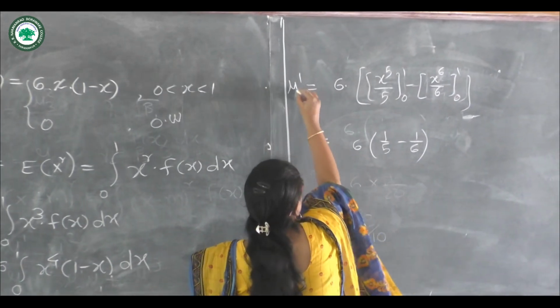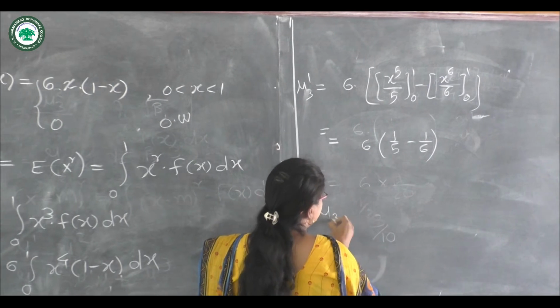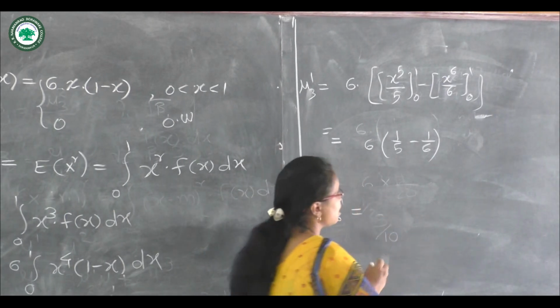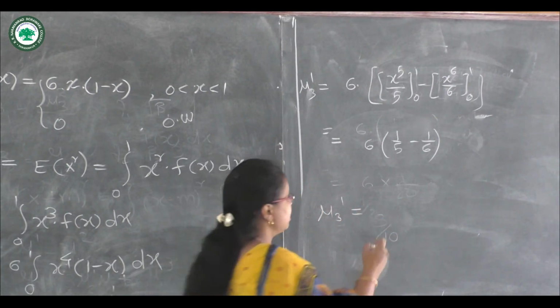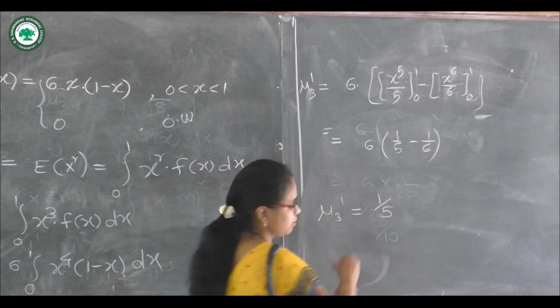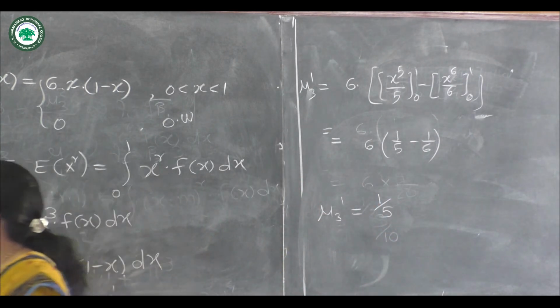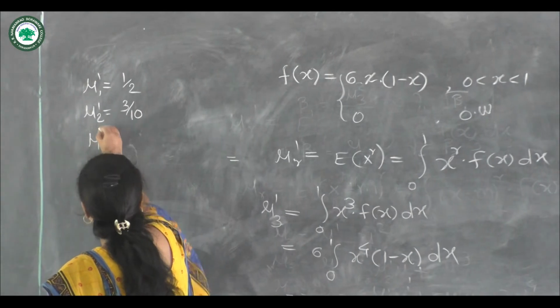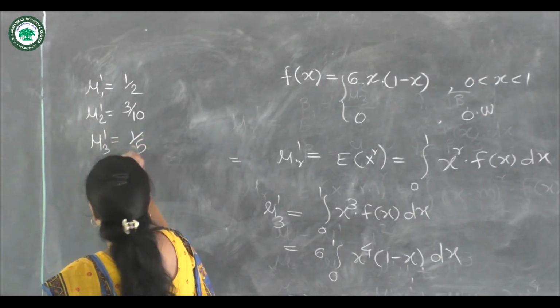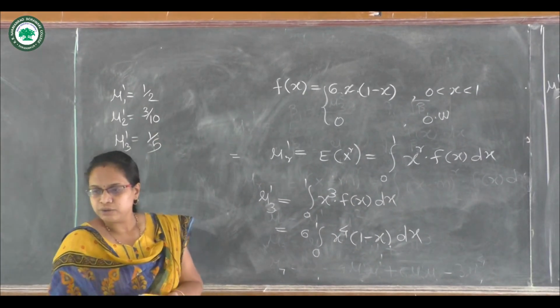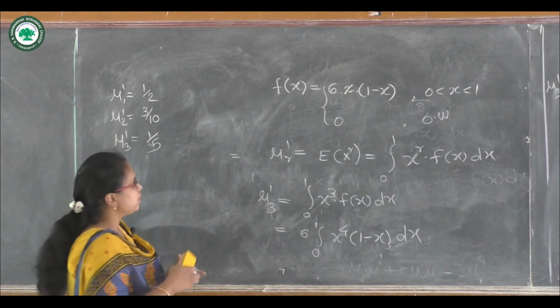And here mu 3 dash will be 6 upon 30, that is 1 upon 5. So let's note down here mu 3 dash equals 1 upon 5. Now let's find mu 4 dash.